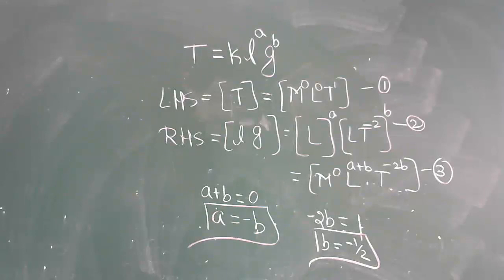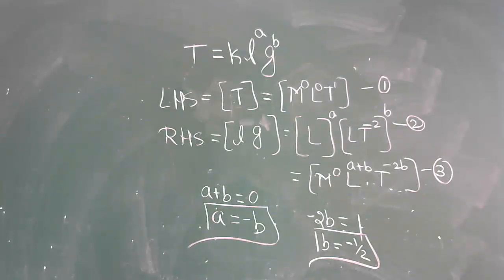Okay, see everyone, after getting your a and b values, you just substitute the a, b values in the equation T is equal to K L to the power a, g to the power b. Substitute the a value and b value. What do you get? Let's see.